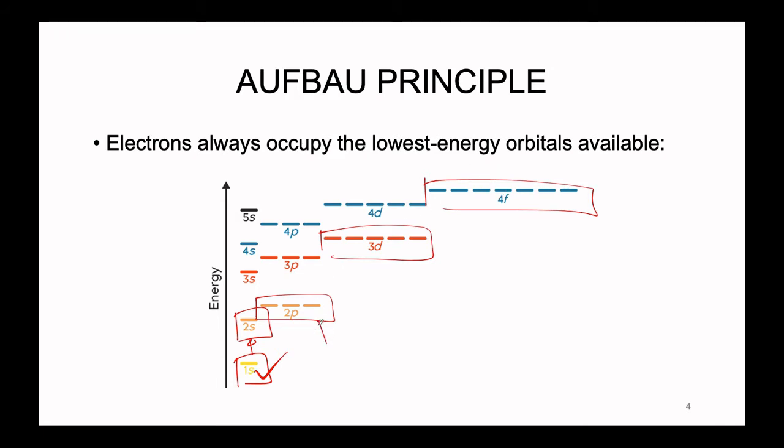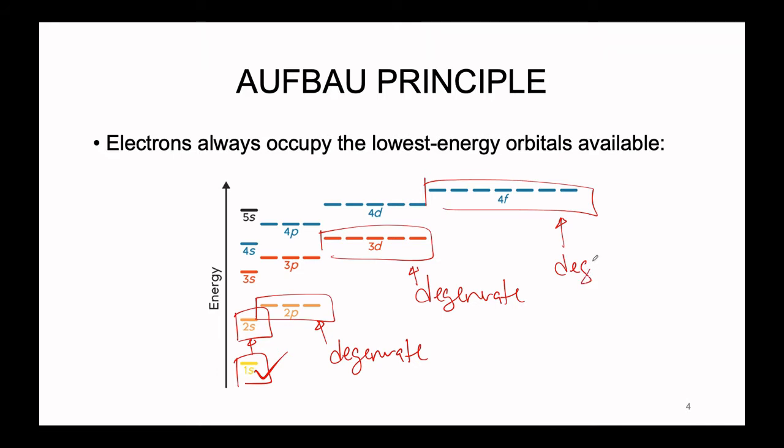So each of these 3 individual 2p orbitals are equivalent in energy. They are degenerate. Each of these 3d orbitals are equal in energy. These are degenerate. Each of these 4f orbitals is equal in energy to each other.